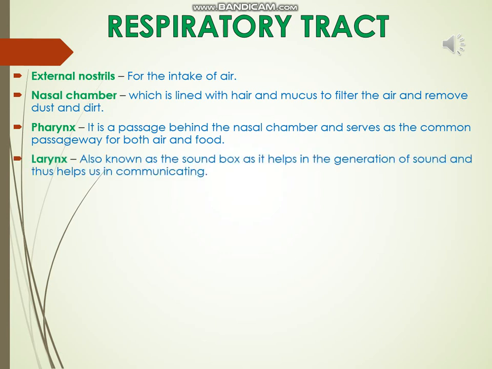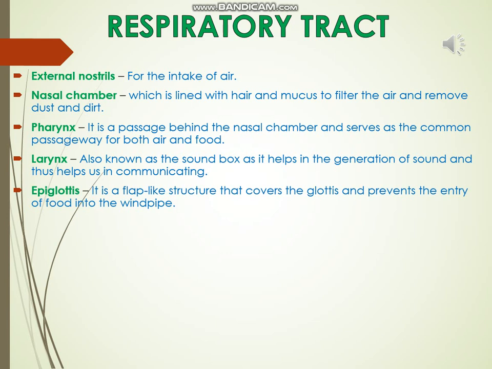Larynx, also known as sound box, as it helps in the generation of sound and thus helps us in communicating. Epiglottis. It is a flap-like structure that covers the glottis and prevents the entry of food into the food pipe. Trachea is a long tube passing through the mid-thoracic cavity.